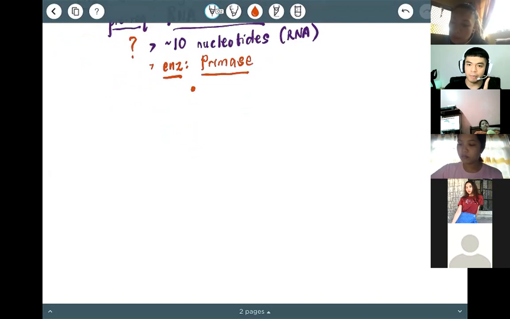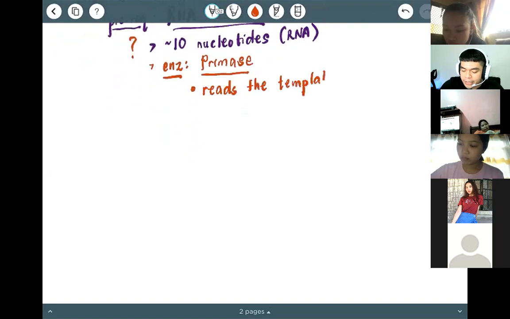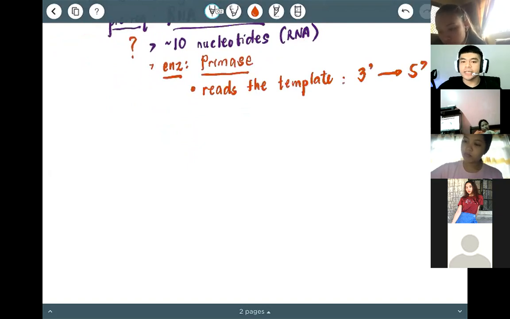Number one, ang primase ay isang enzyme that reads the template strand in 3' to 5' direction. Again, primase is an enzyme that reads the template strand from 3' to 5' direction.